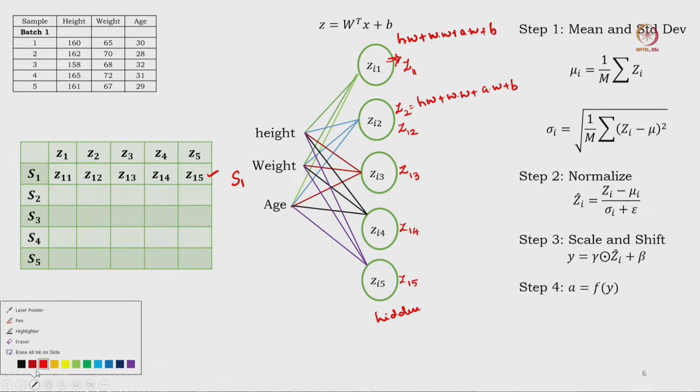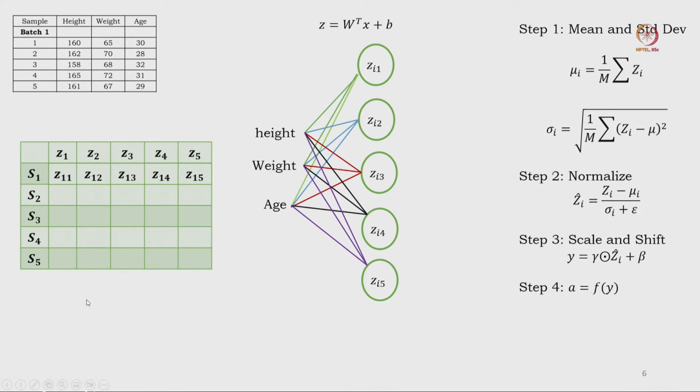Now, since it is a mini batch or batch normalization, you will pass the second sample S2. When the second sample is passed, what will you calculate? Second sample first node, once again it will be height multiplied with the weight, then weight multiplied with the weight, then age multiplied with the weight and bias.